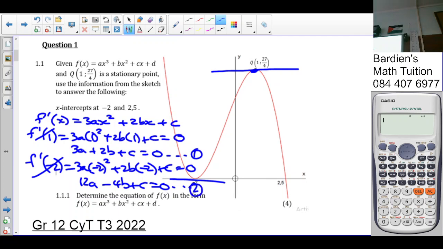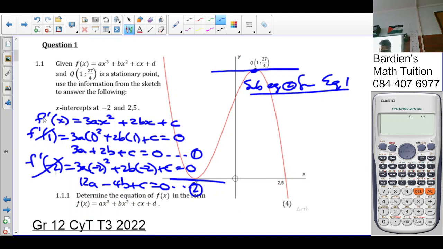If you go this method, you're going to have 4 equations initially.